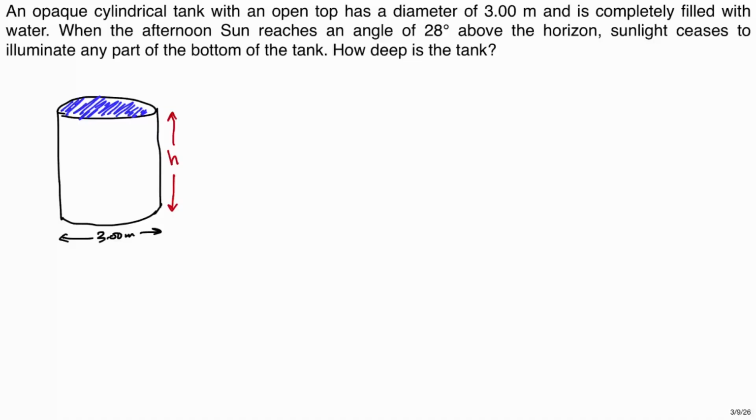Your shadow, right? So basically, what they're trying to say is that the shadow of the walls of the tank is such that the bottom of the tank is in shadow. And they didn't really say that, right? Sunlight ceases to illuminate any... Why? Just say the bottom is in shadow, right?